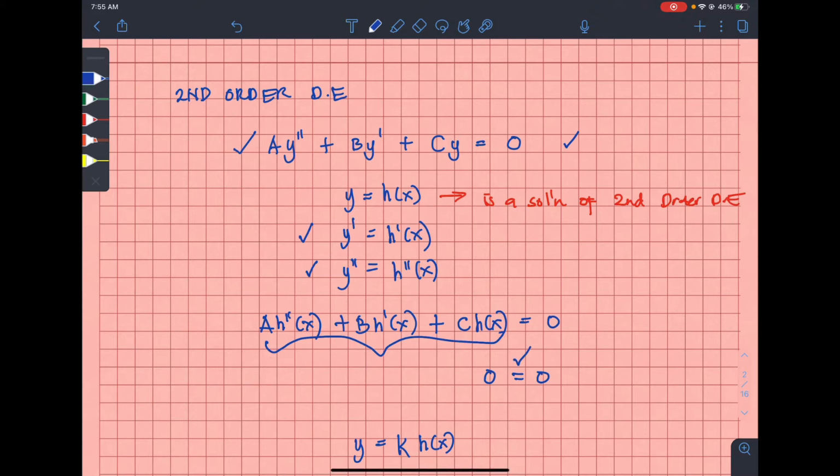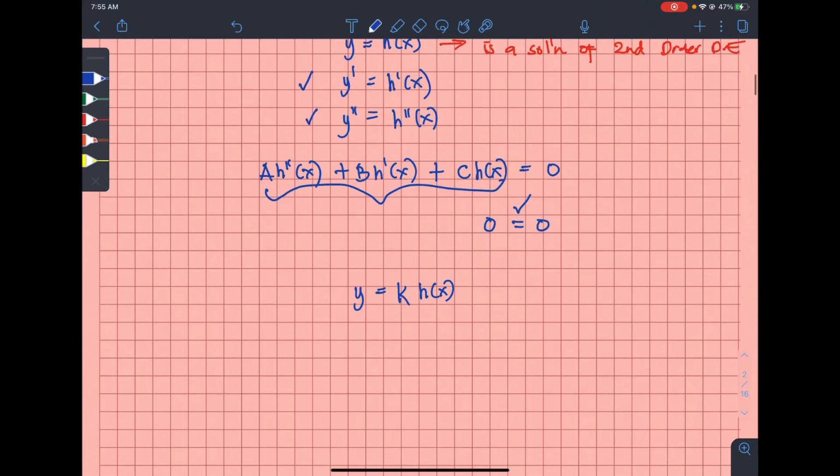And thus, y is equal to h of x is considered to be a solution of the given differential equation. That's how we prove that this is really a solution of a differential equation.